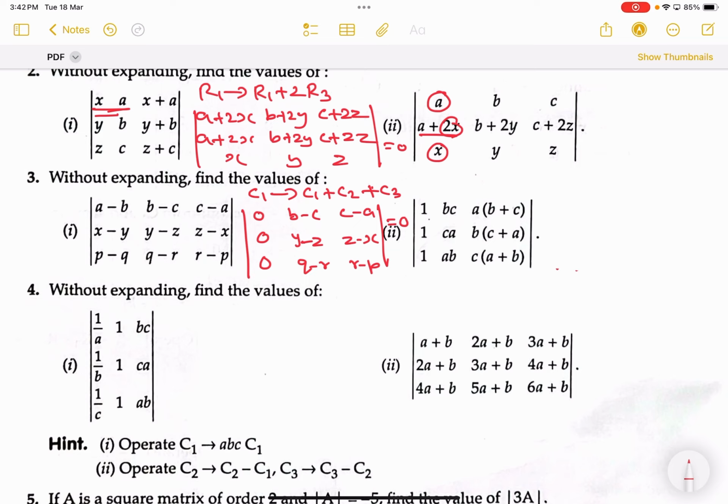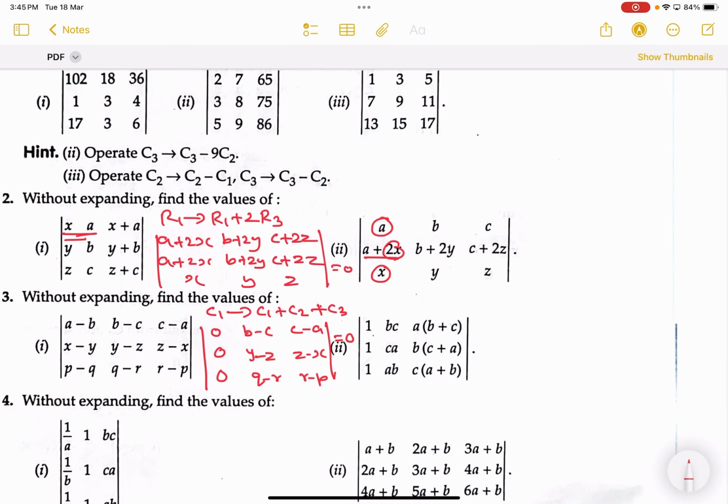So what can we do for question number 2? You have to get the common same elements, right? So here add column 1, column 2 and column 3 in column 2 place. Wait, first I am elaborating this. 1, BC, AB plus AC; 1, CA, BC plus BA; and 1, AB, CA plus CB.